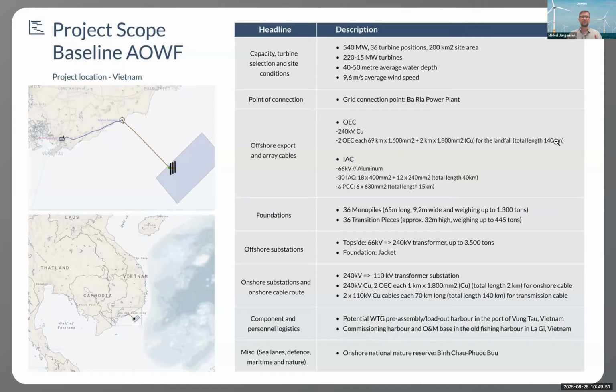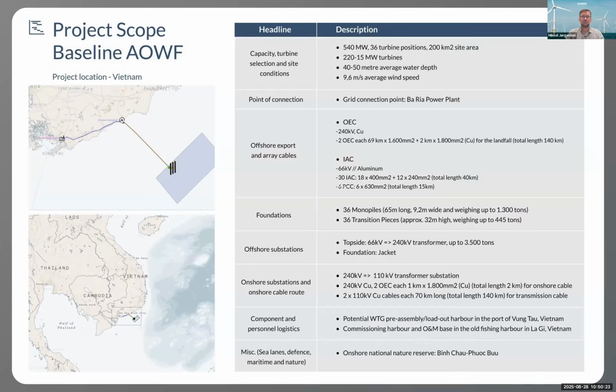Now, the project scope baseline outlines the site-specific and the technical and geographical parameters of the project, which includes site characteristics and technology selection, like type and size of turbines, for example, and foundations. And it also describes interfaces and dependencies and so on. All this information is derived from the analysis phase and then carried over into the strategy phase.